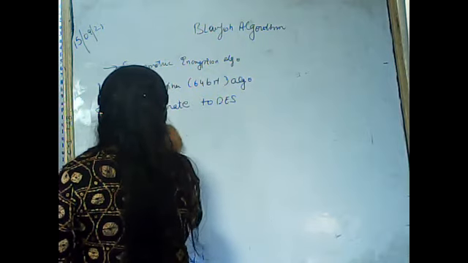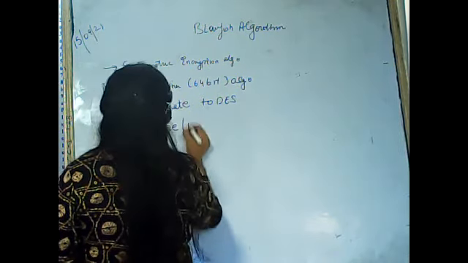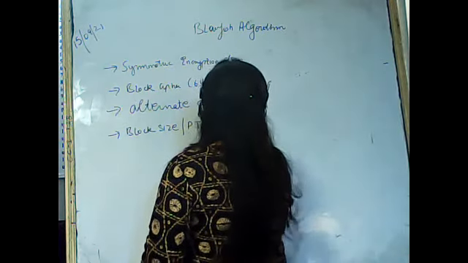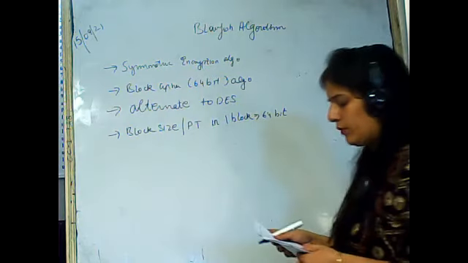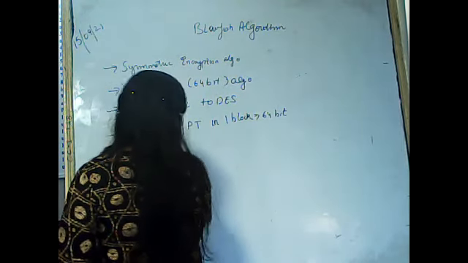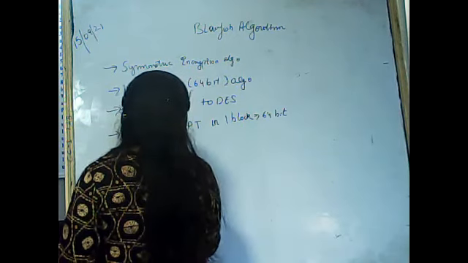So block size, or plain text in one block, is 64-bit. So what is the size of the blocks that you will be using here? That is 64-bit. Now the important thing regarding Blowfish is the key size.